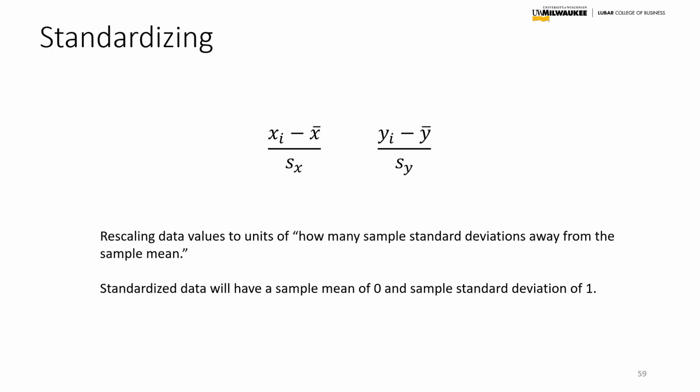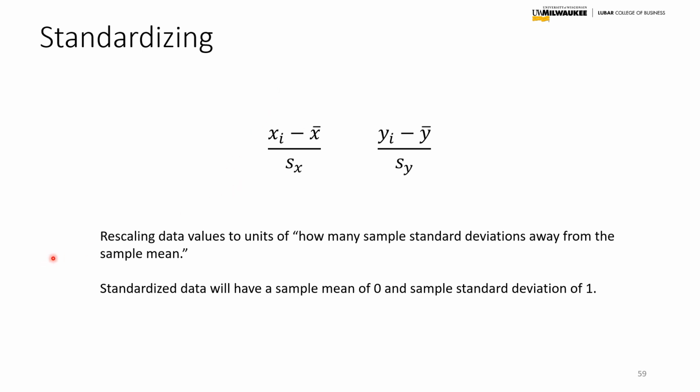Before I give you the formula for the numeric measure, namely the formula for correlation, let me reintroduce you to standardizing. Now, we did this when we looked at the normal quantile plot. I'm going to standardize both the X data and the Y data, and we do that by taking each observation, subtracting off the mean of the observations, and then dividing by the standard deviation.